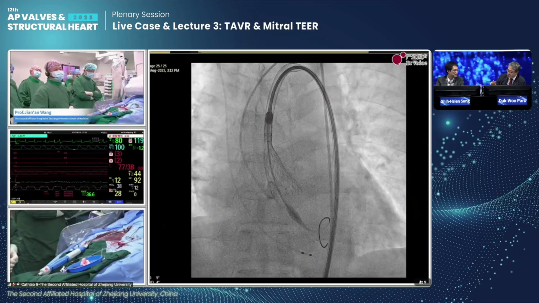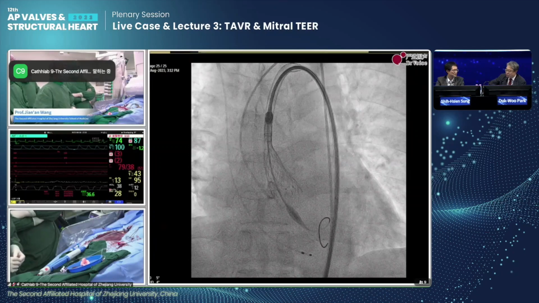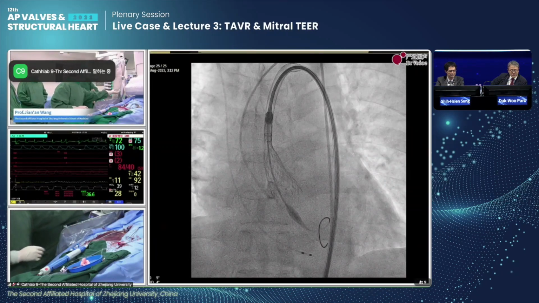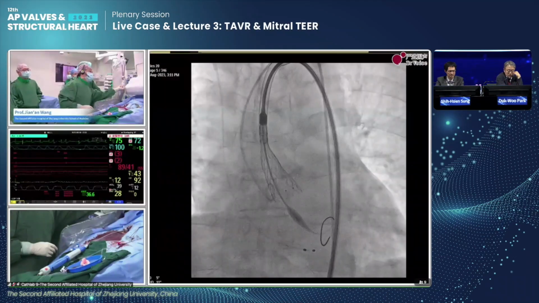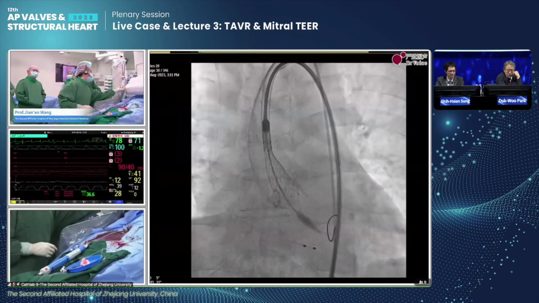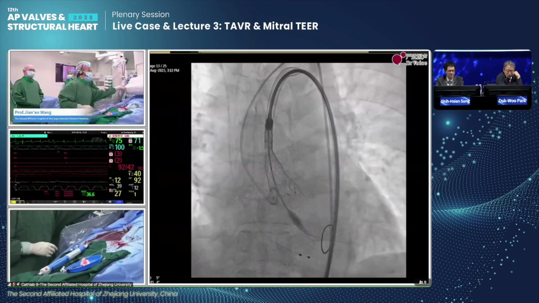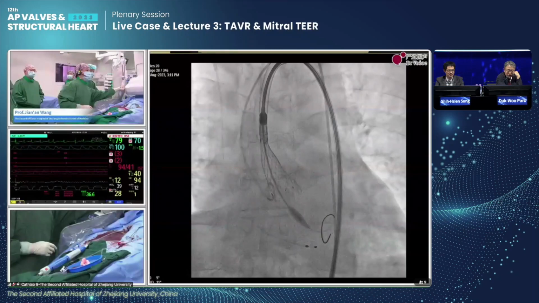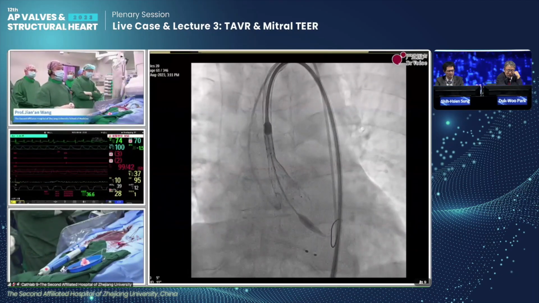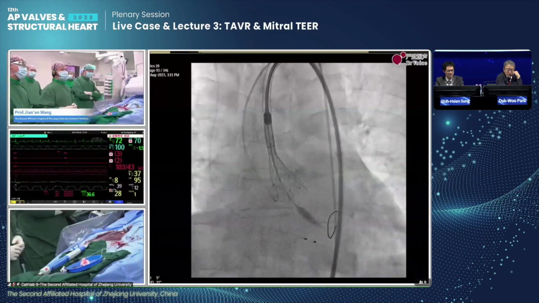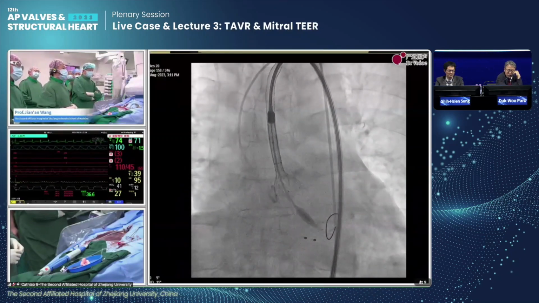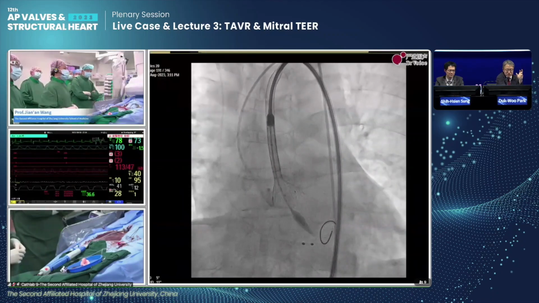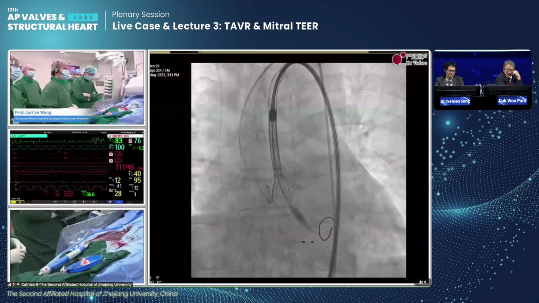Now we try to evaluate the system. This is the fourth recapture, and we lifted at least 3 millimeters compared with the first time. Professor Wang, we usually use the Evolut R system with full capture, recapture, and then release. But during your procedure, you did some partial recapture, changed the position, and then released.